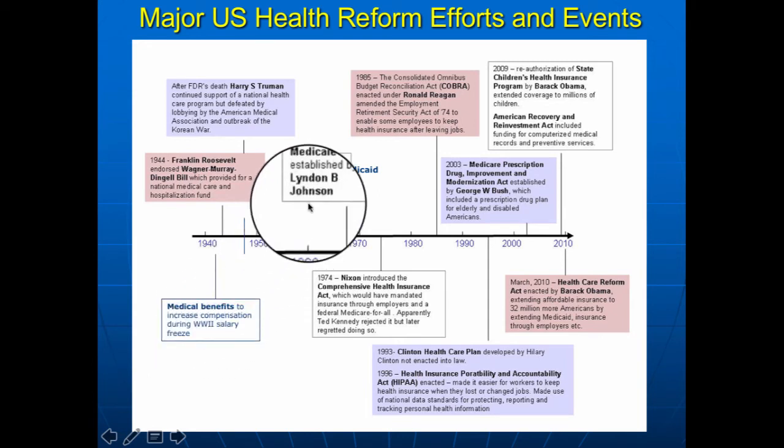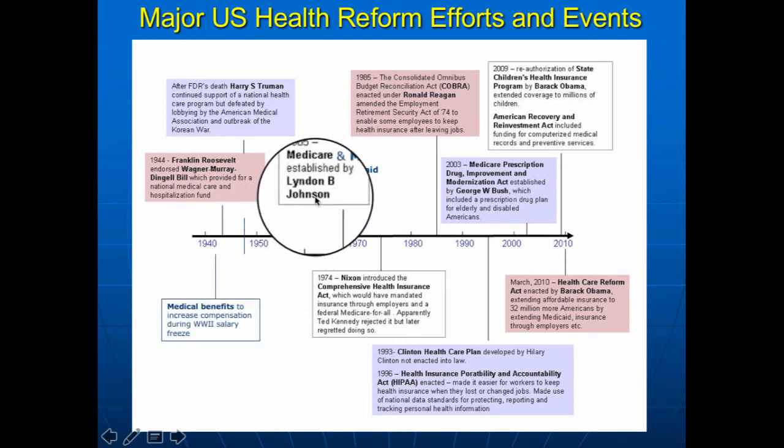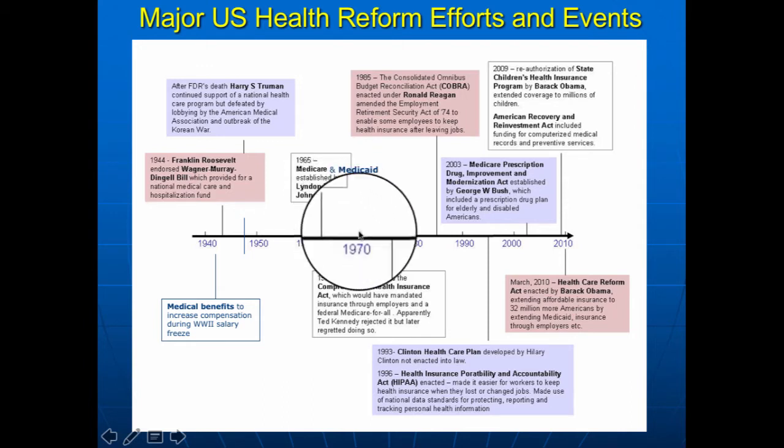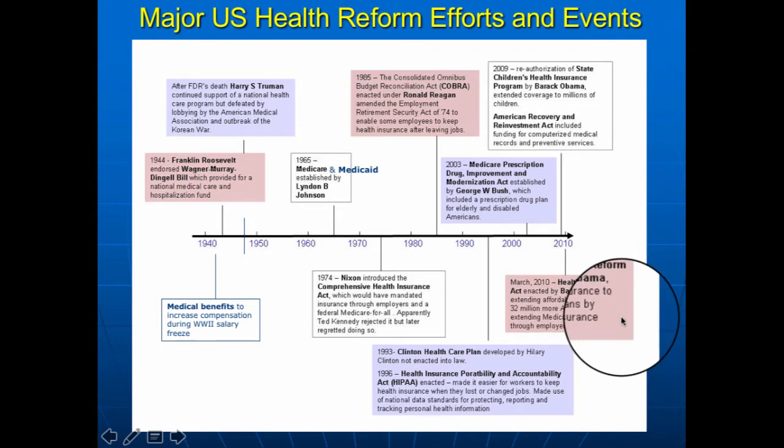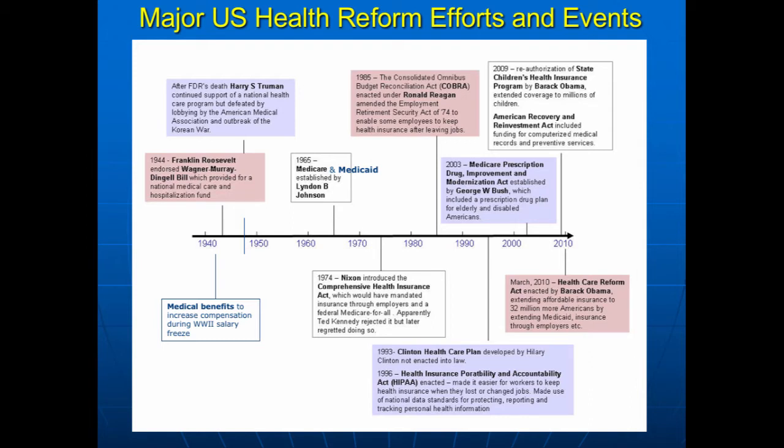Above the line, you see Medicare and Medicaid in 1965. And finally, on the far right, you see Obama's ACA. All of the other boxes show failed attempts at national health insurance or relatively minor tweaks to the system. You can peruse this timeline at your leisure.